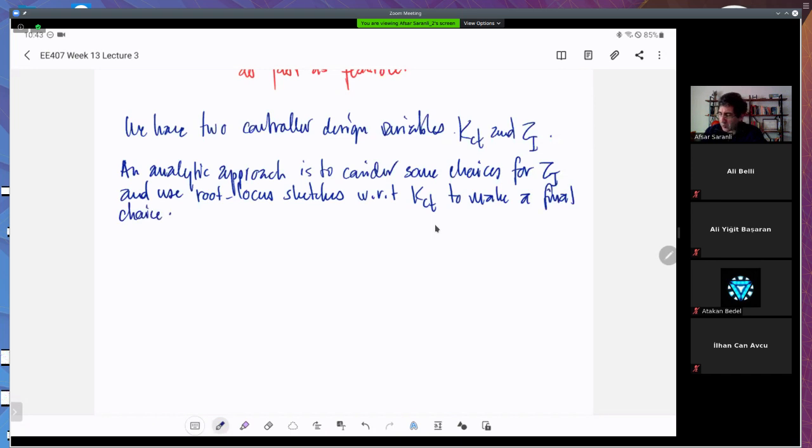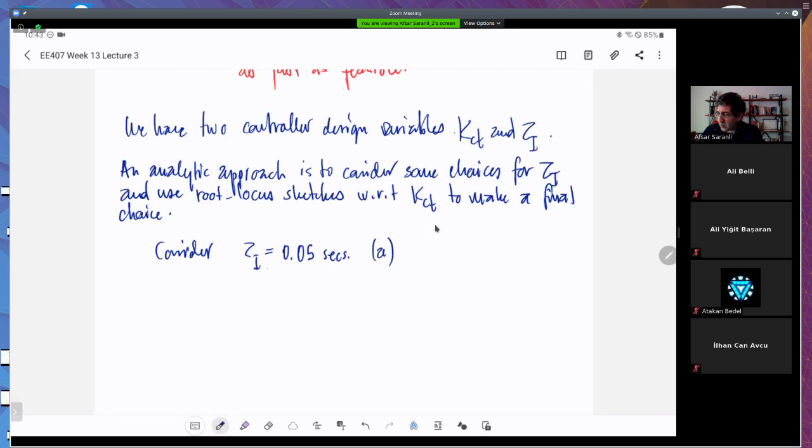Okay, so let us consider quite different choices for tau I to give us a rough idea about what's going to be the proper kind of range. So let's say that we can choose tau I to be 0.05 seconds.